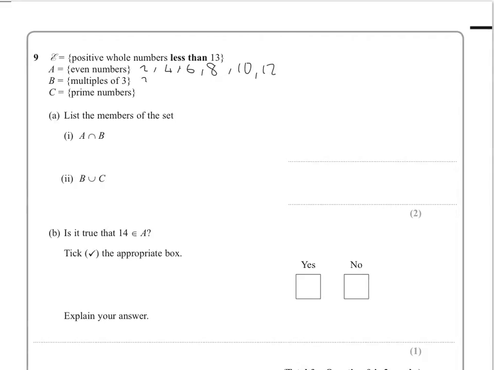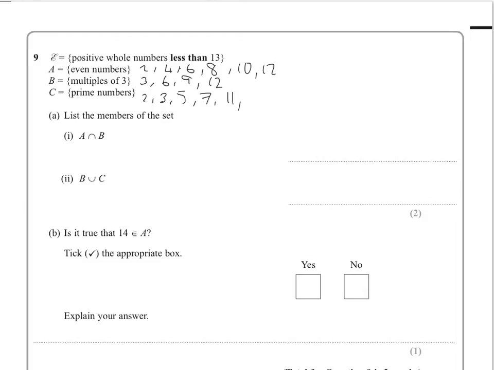Multiples of 3, 3, 6, 9, 12. Prime numbers 2, 3, 5, 7, 11. Next one will be 13, but we're not including the number 13 in the universal set.